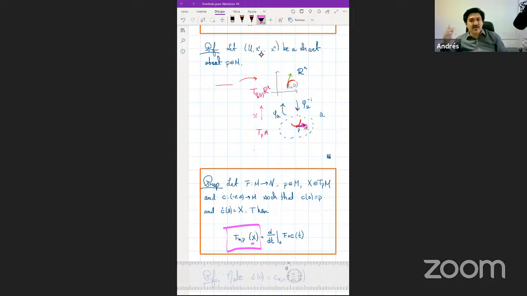I consider a curve that goes through the point and the derivative is that vector. There are many curves. I take any one of them. And then I claim that the push forward is going to be exactly this.